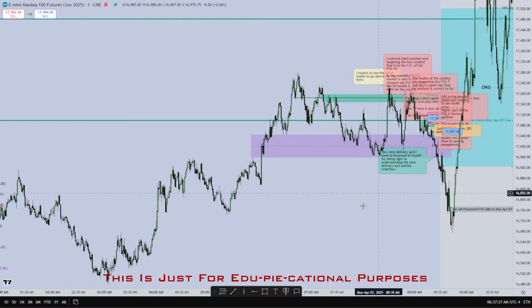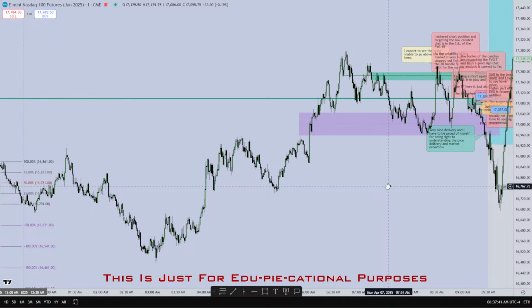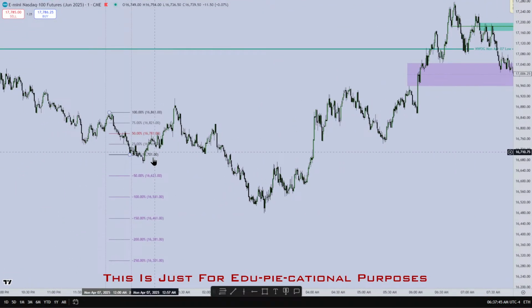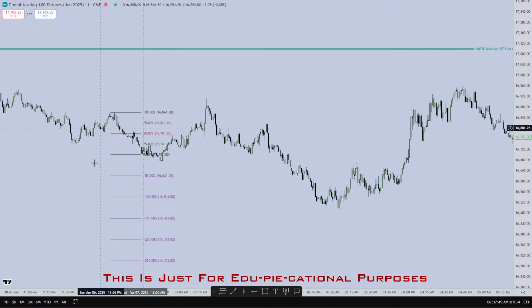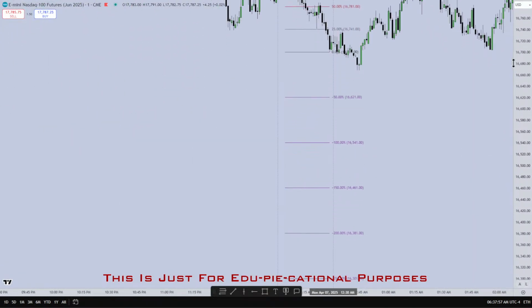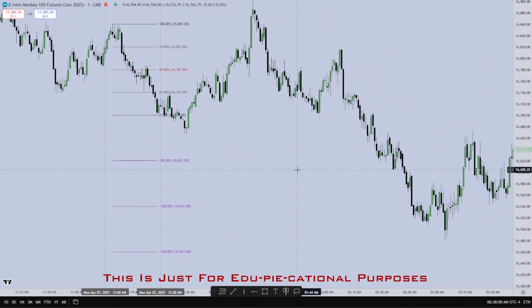Here I was putting some notes as I was watching the price live, and it's very nice actually. I measured the first 30 minutes after midnight opening in New York, and I was trying to anticipate the level of highs and lows of the day.